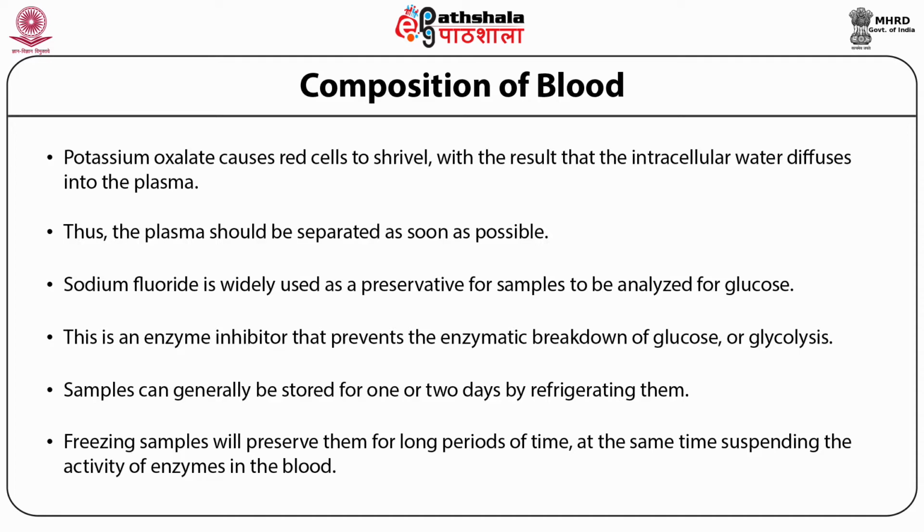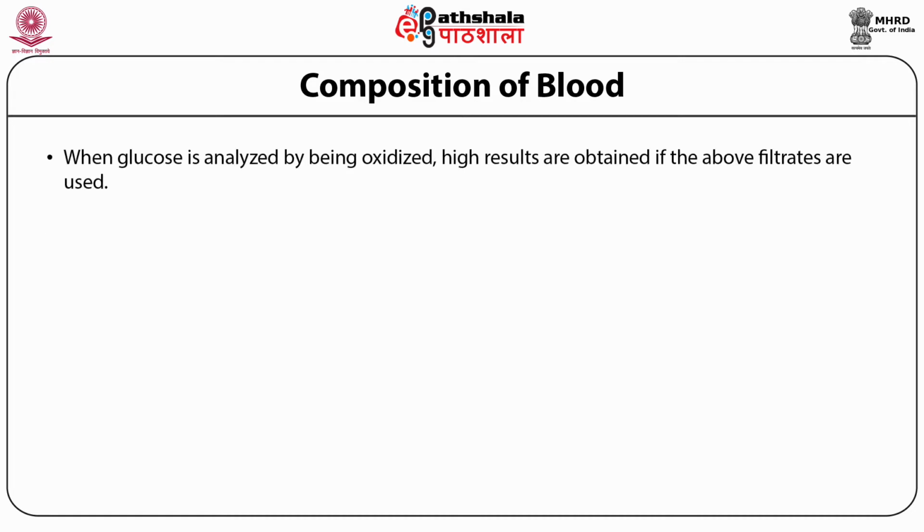In the trichloroacetic acid method, 1 volume of blood serum or plasma is mixed with 9 volumes of 5% TCA, and after proteins are precipitated, the mixture is filtered or centrifuged. Both of these yield acidic filtrates but are useful for the analysis of many substances. When glucose is analyzed by being oxidized, for example with alkaline copper titrate, high results are obtained if the above filtrates are used.